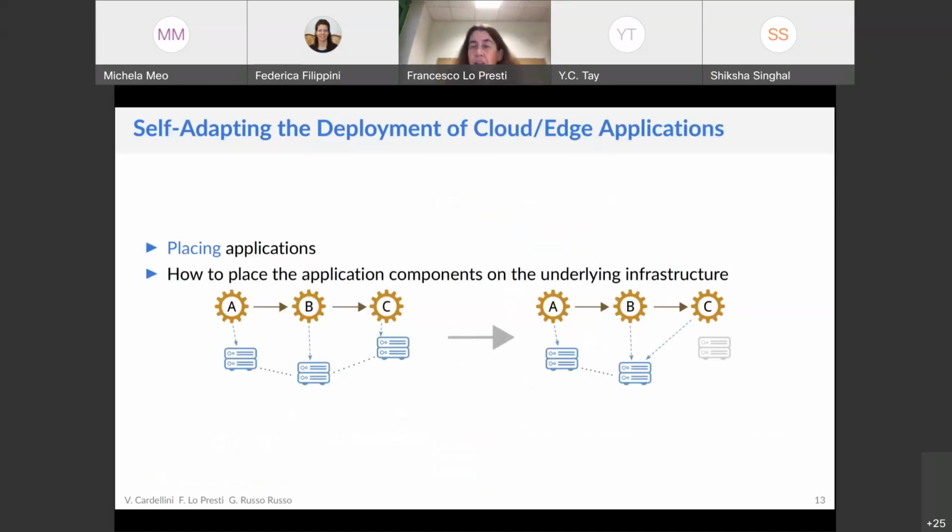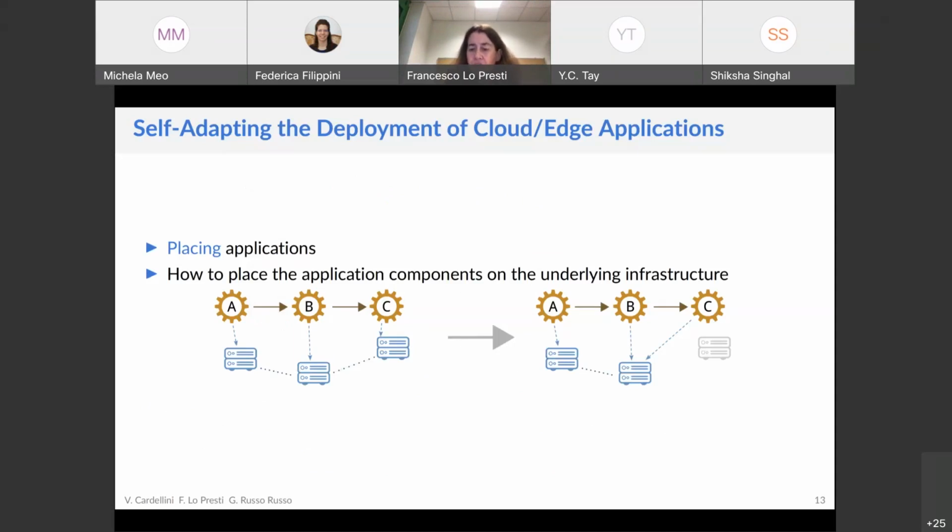So when we talk about the deployment of cloud-edge applications, the first control knob that we can consider is how to place the application components on the underlying infrastructure. And so we have typically an initial placement, and then we can adapt a runtime replacement during the operation of the application, so to improve it.